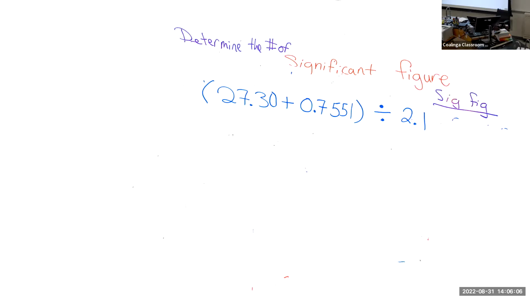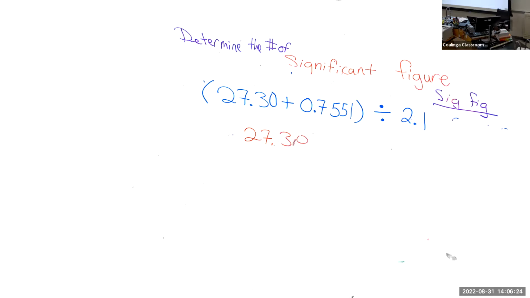But you can't do it that way. So you need to find out your answer for the sig figs here, then you're going to divide it by the other number. Okay, so let's do our answer.